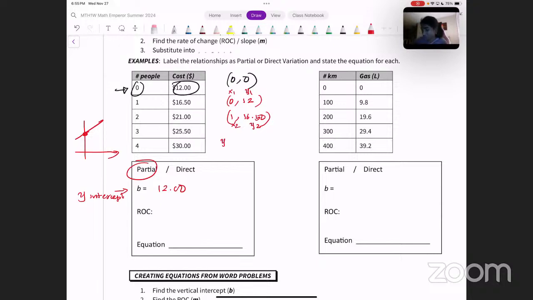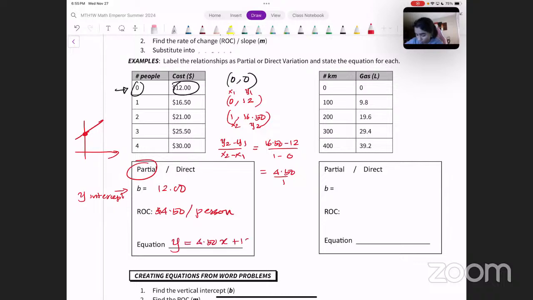So what do we do? y2 minus y1 over x2 minus x1. What is my y2? 1650 minus 12, and then 1 minus 0. So that's going to be 450 divided by 1, which is 450. So rate of change is $450 per person. So what's the equation? y is equal to rate of change times x plus the y value, isn't it?